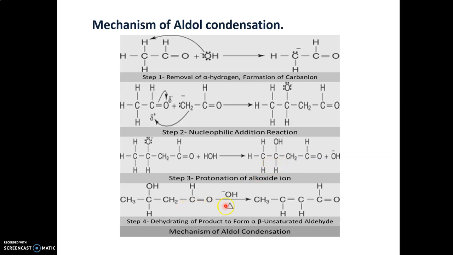Upon dehydration, there is a removal of a water molecule resulting in the formation of an alpha beta unsaturated aldehyde, and hence the last step is the dehydration of the product to form an alpha beta unsaturated aldehyde.